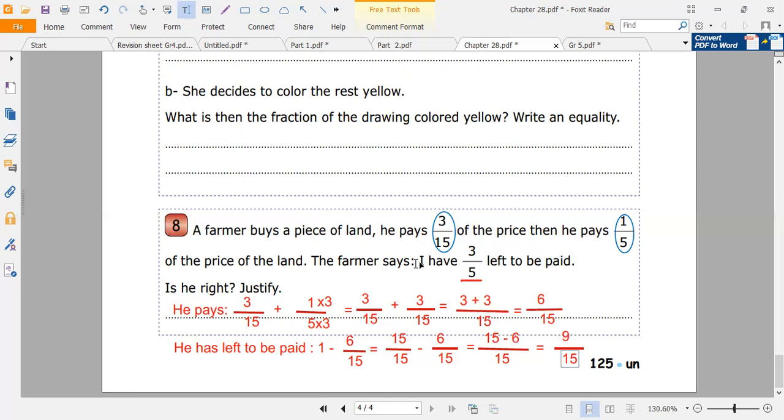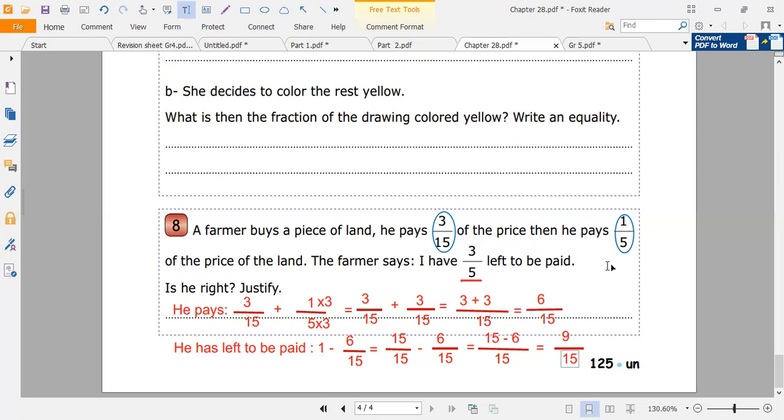He says that he has 3/5 left to be paid. But can we compare these two fractions? 3/5 and 9/15, they have different denominators. So what do we have to do?